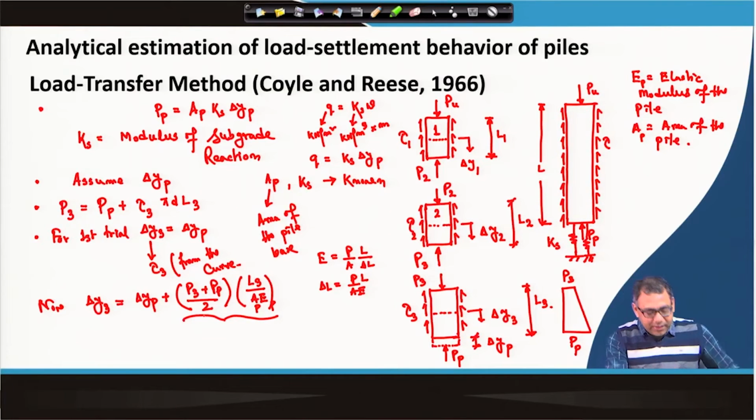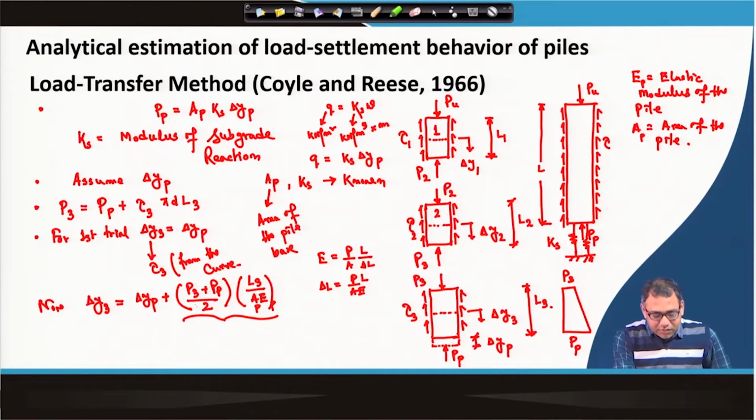Now, in the first trial we assumed del y p and calculated P p. Then we assume del y 3 is equal to del y p and determine tau from the chart. Once I get tau from the chart, I will get P 3.